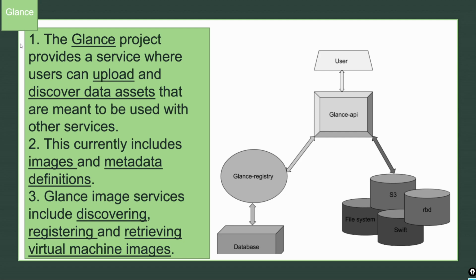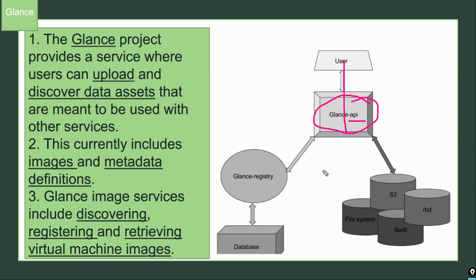Second one is Glance. What is Glance? As I told you, we have an API. What was the API? Something that enables you to communicate between services. So the user is here, and users want to run something. Look, the Glance project provides a service where users can upload and discover data assets.